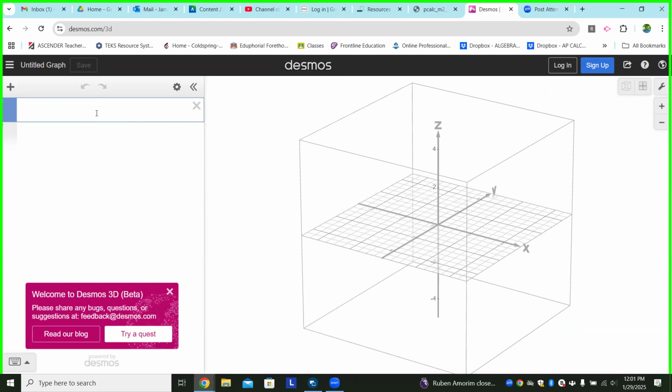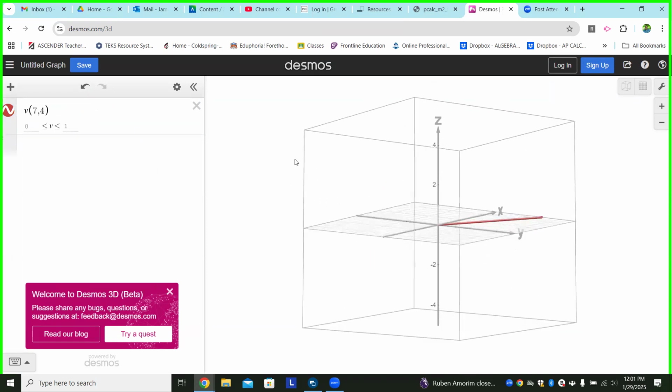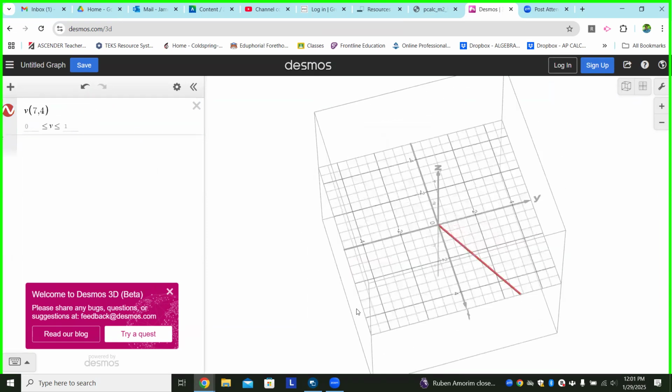All right, if I wanted to do vectors here, I think you have to use V. But what we get is 7, 4. Therefore, there is your vector. Notice in this situation, it is on a two-dimensional plane.